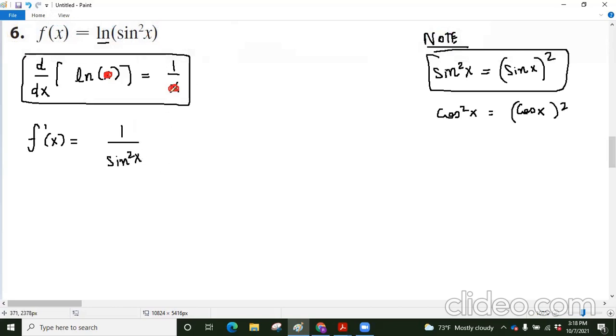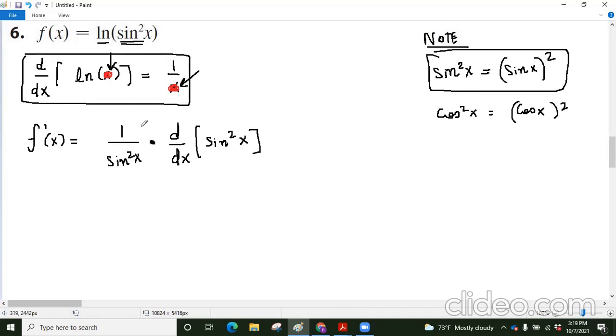But the thing is that we have to go back and take the derivative of the inside function, correct? So we're going to multiply by the derivative, d over dx, of the inside function, which is sine of 2x. The first point to make clear is that ln of anything is 1 over anything.